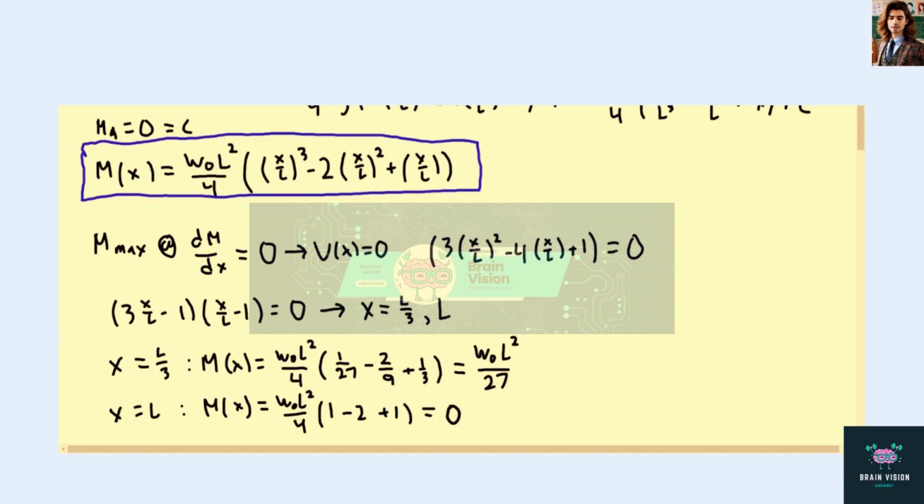All right, so our M max is going to be equal to W0L squared over 27, and that will occur at x equals L over 3.